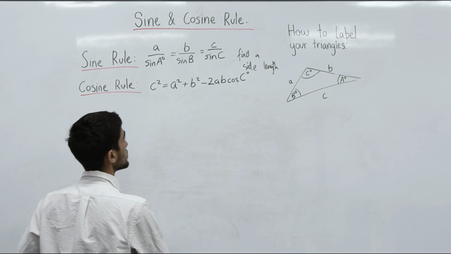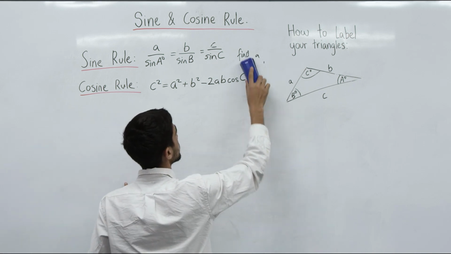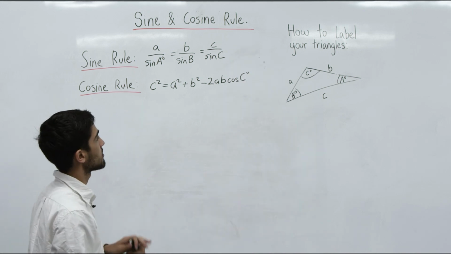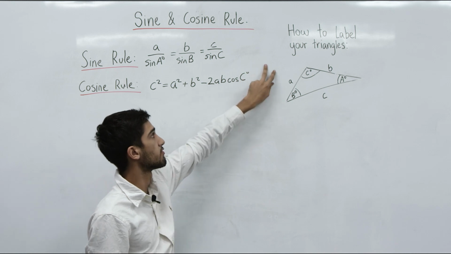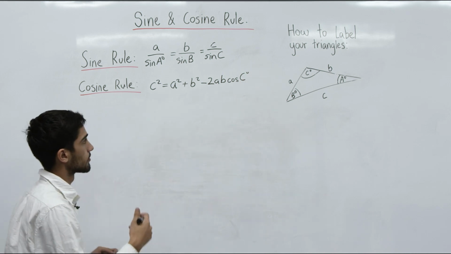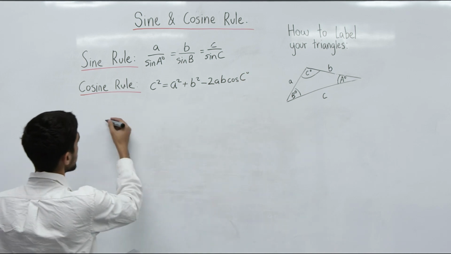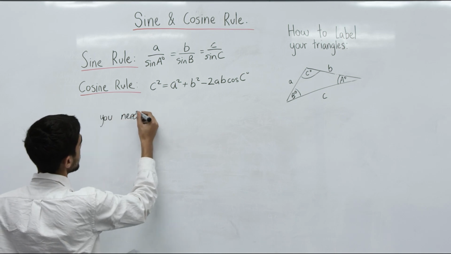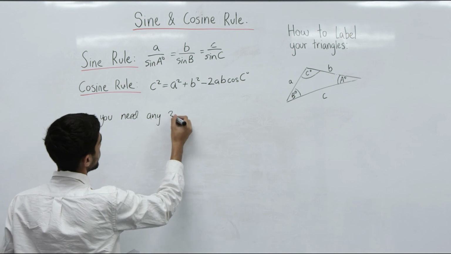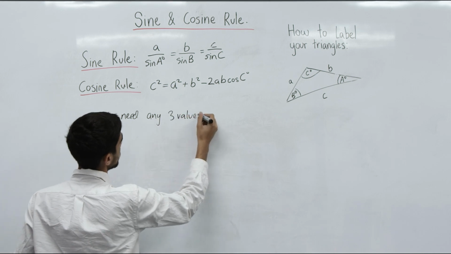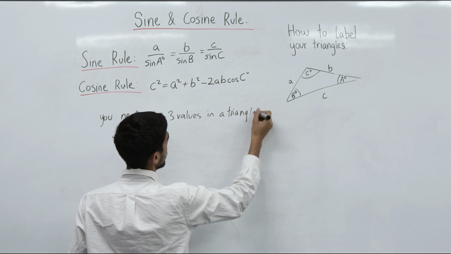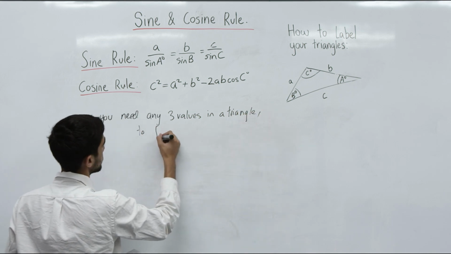Using these two equations, we can successfully solve for any triangle as long as we're given the necessary amount of values. So when I say the necessary amount of values, you will need any 3 values in a triangle to fully solve it.